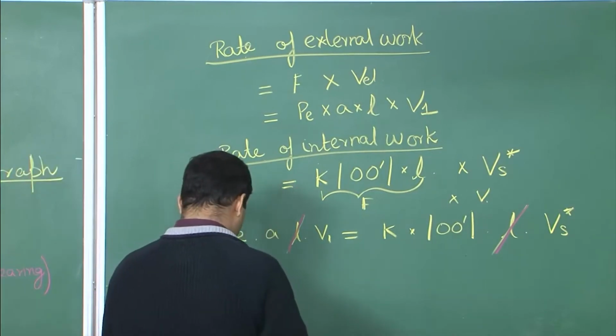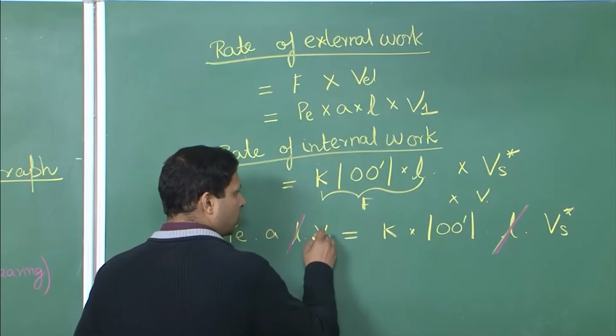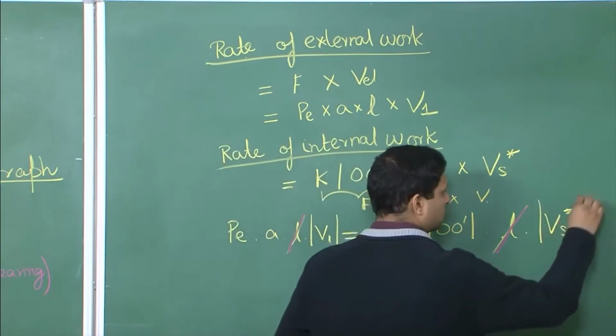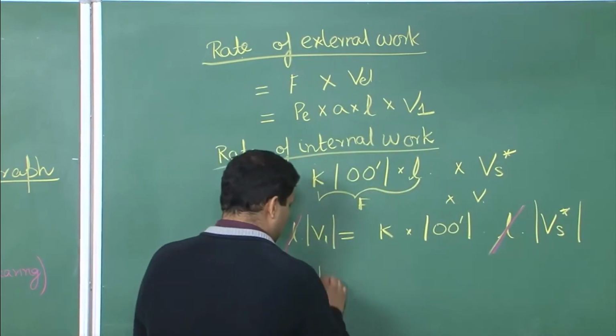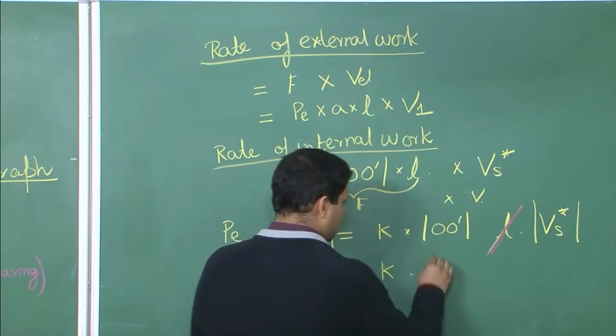So, now we have over here like this, and to ensure that we are talking about magnitude, we can put the modulus like this, and we can say PE is equal to K times.